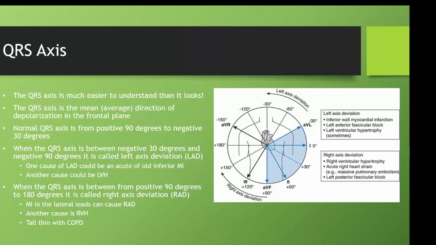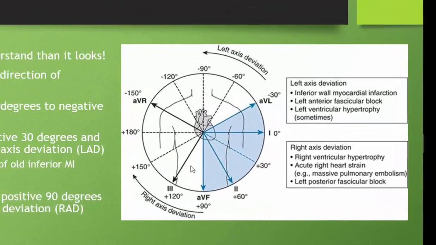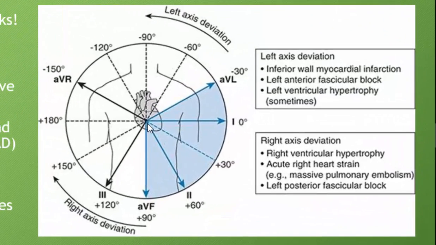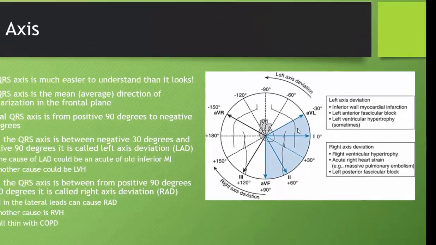Simply, the QRS axis is the mean, or average, direction of depolarization in the frontal plane. A normal QRS axis is from positive 90 degrees to negative 30 degrees. If you look at this picture, a normal QRS axis will be between aVF and all the way up to aVL, which is negative 30 degrees. So you hope to find this QRS axis somewhere in this shaded blue area.